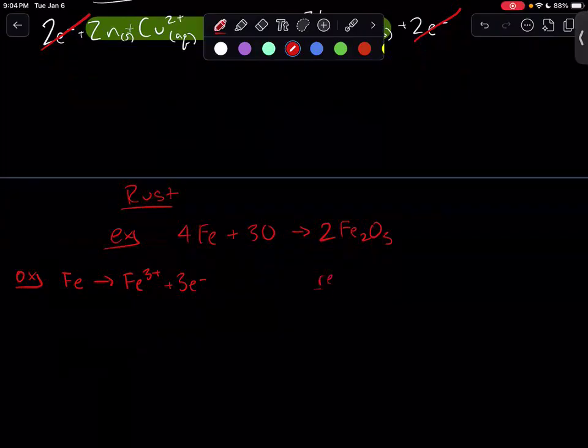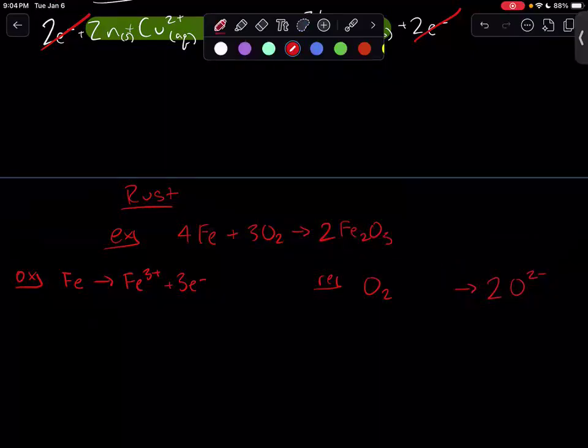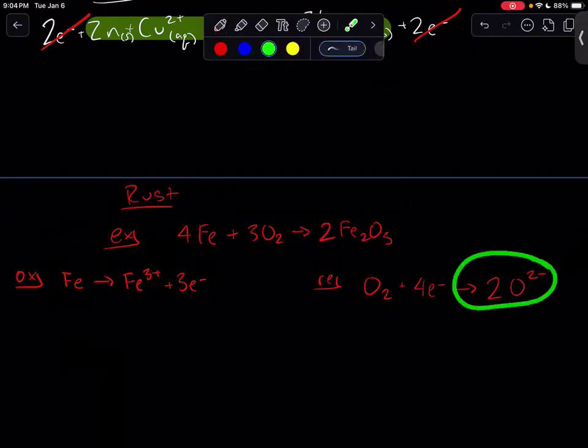Oxygen in our reduction reaction, O₂, reacts to form 2 O²⁻. I am missing the electrons, not 2 electrons, 4 electrons, because we have 2 minus charges.